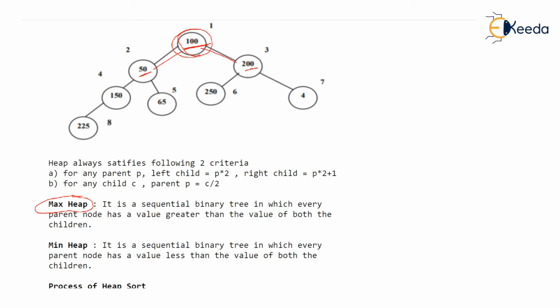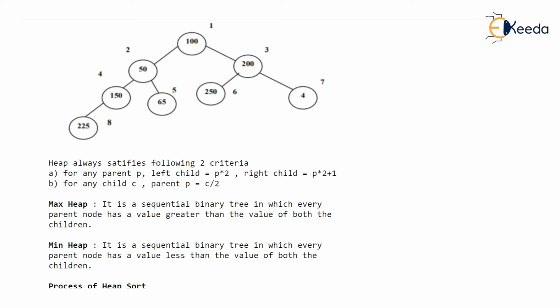Whatever you store here in the second node must be greater than its left child and right child. Whatever you store here in the third node should be greater than both left child and right child. And the same is the case with the fourth node. It should be greater than its left child. That means every parent must be greater than both the children. Then only it is called a max heap.